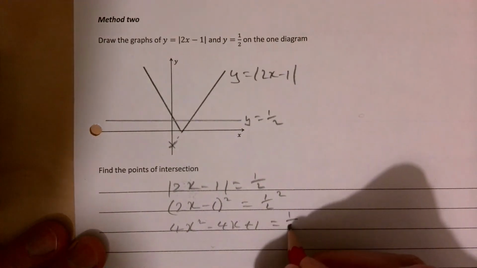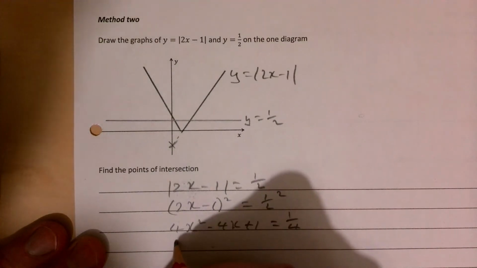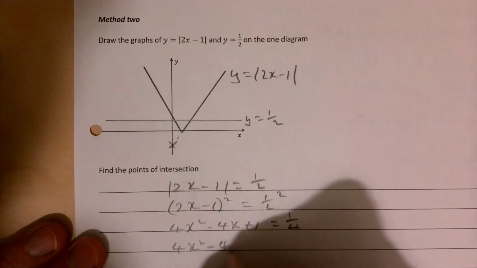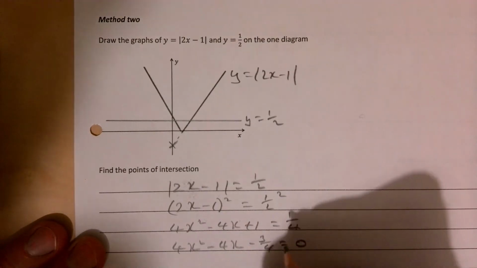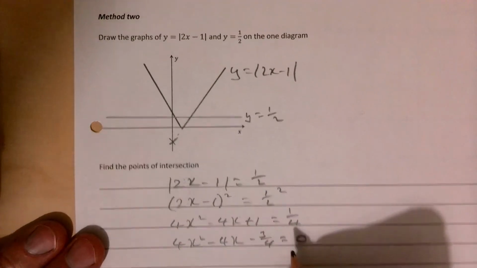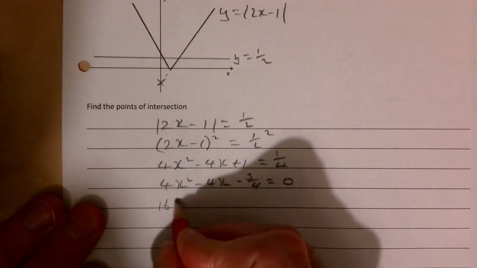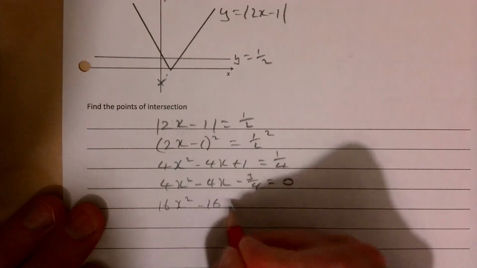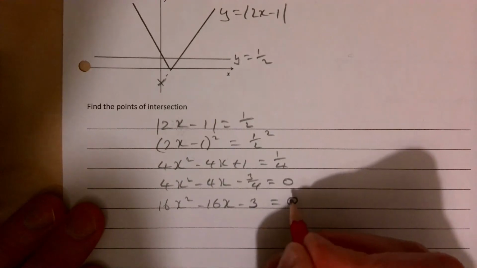And squaring a half, then we get a quarter. Taking away a quarter from both sides gives me 4x squared minus 4x plus 3/4 equals 0. I don't like the quarter sitting in there, so I'd be multiplying through by 4. 16x squared minus 16x plus 3 equals 0.